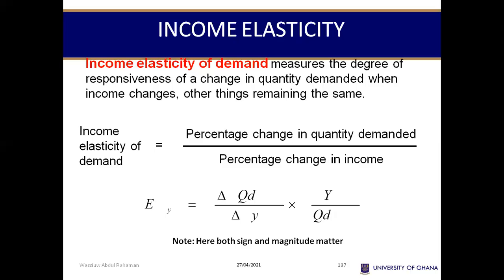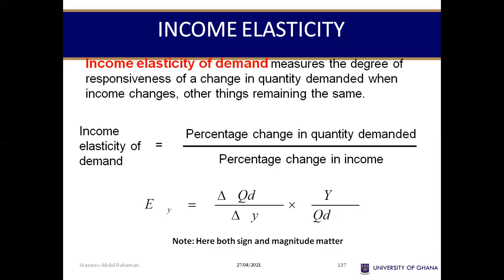So what differs is the denominator. In the case of own price elasticity of demand, the denominator will be the percentage change in own price. For cross price elasticity of demand, the denominator will be the percentage change in the price of the other commodity. And if it is income, the denominator is the percentage change in income. So those are the differences.